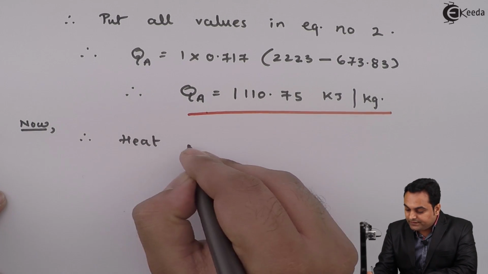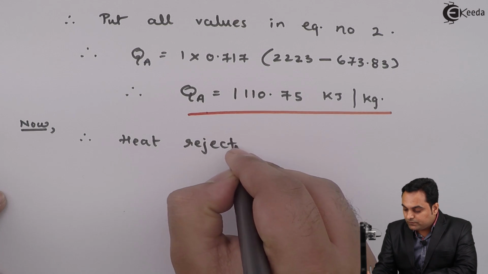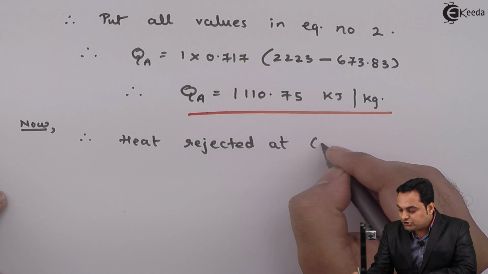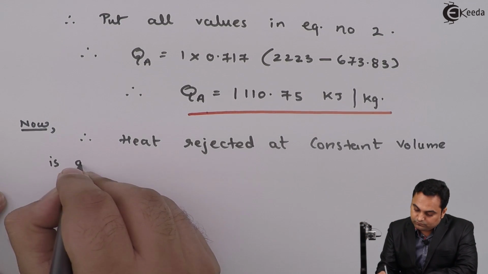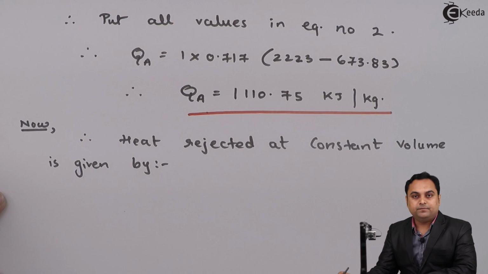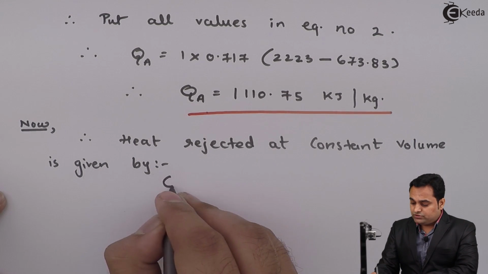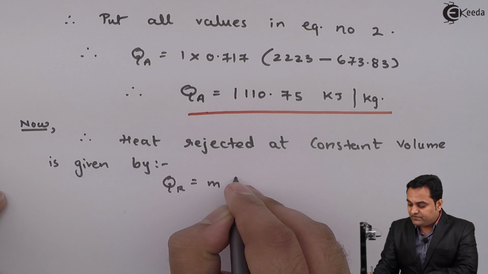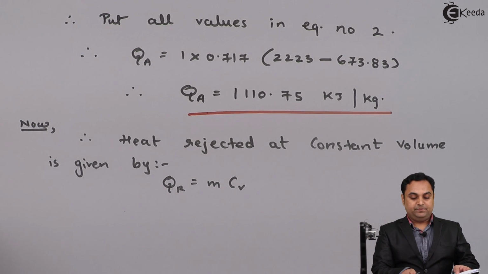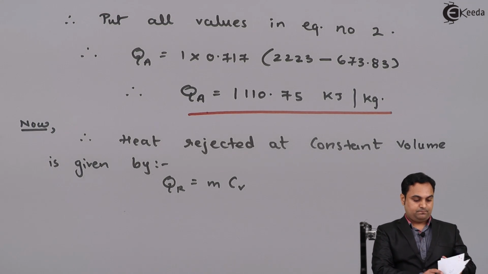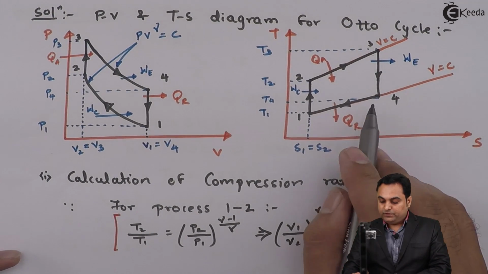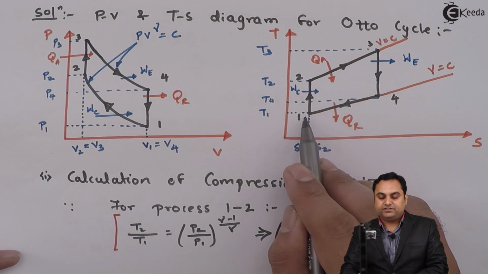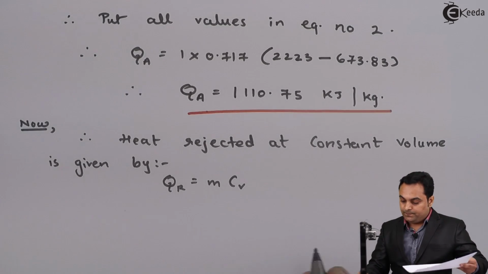Heat rejected at constant volume is given by Q suffix R is equal to mCV. Now the temperature difference will be T4 minus T1 because it is rejected from process 4 to 1.